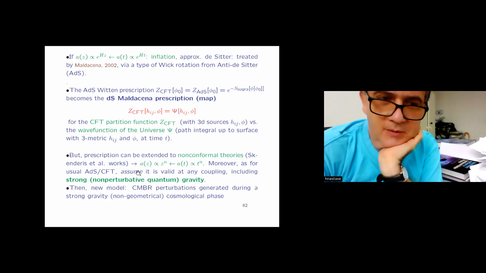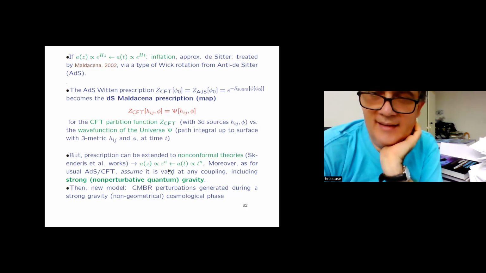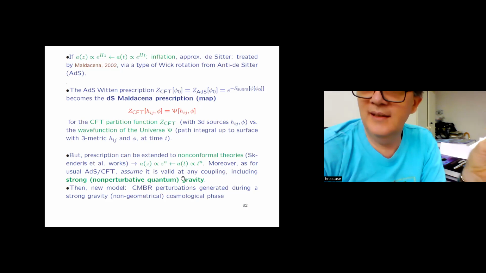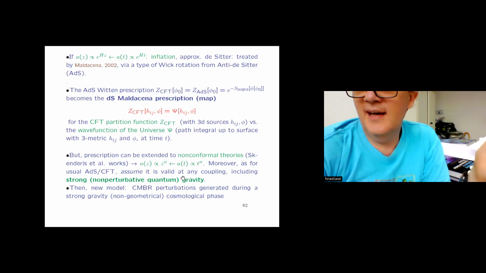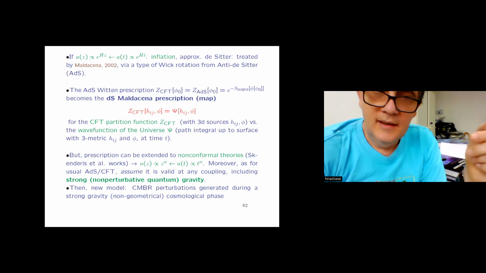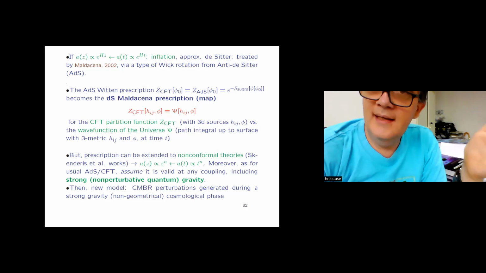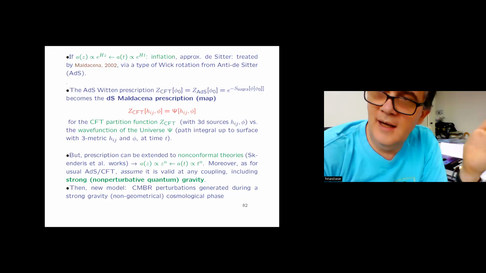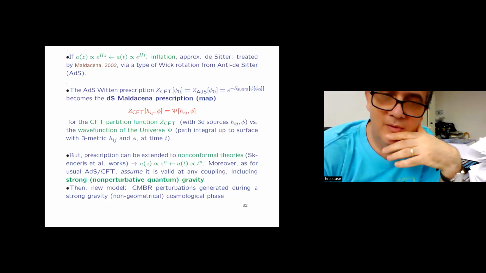Moreover, as for the usual AdS/CFT, we assume it is valid at any coupling, including the strong or non-perturbative quantum gravity, right? So inflation is weakly coupled. But now we apply this also to the strongly coupled regime. In fact, as I emphasized, this is really a strongly coupled form of inflation. So the holographic cosmology that we're describing here is nothing but inflation in the strongly coupled regime. And there we can say something about it through field theory.